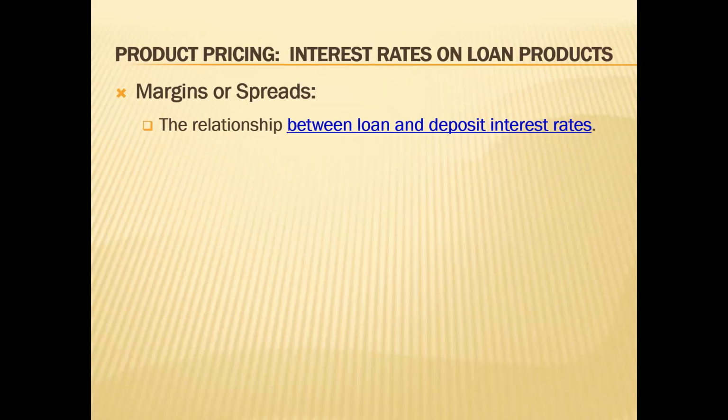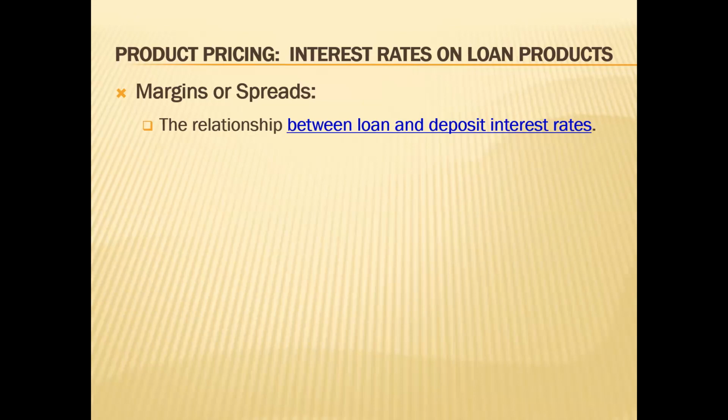And again, that is kind of falling away because deposit interest rates are so low. The normal peg now is the cost of funding, which we will look at in a few moments, hopefully.